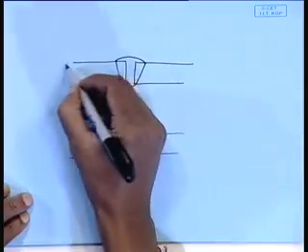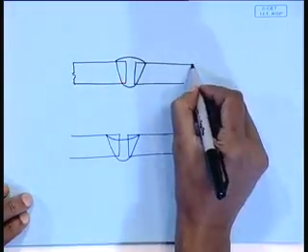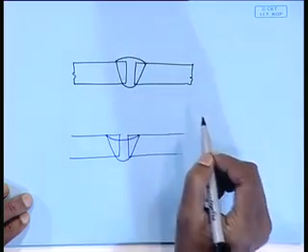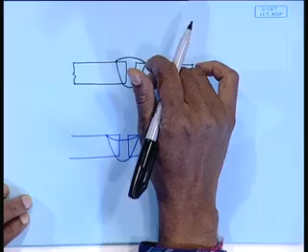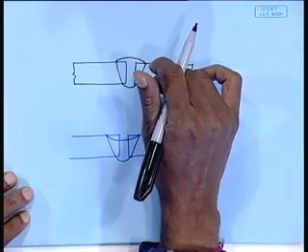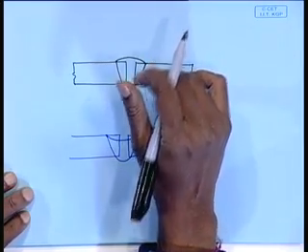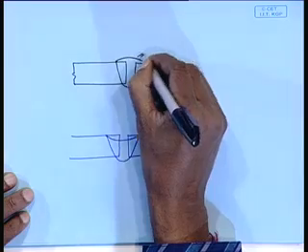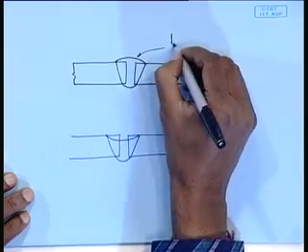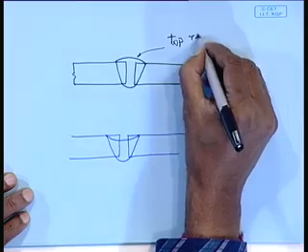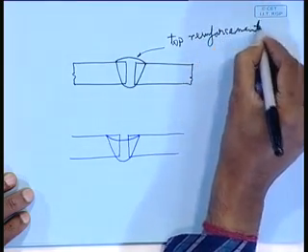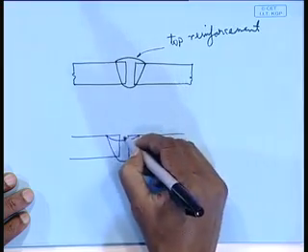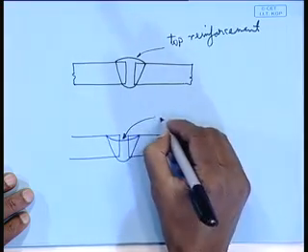The bead profile has to be convex, that means there should be a crown of metal over the fusion zone where the metal has been deposited, a top reinforcement. This is what is referred to as top reinforcement. So, this is lack of deposition.